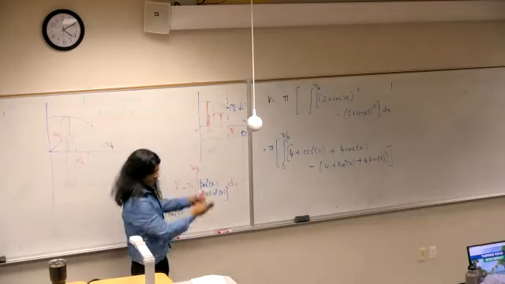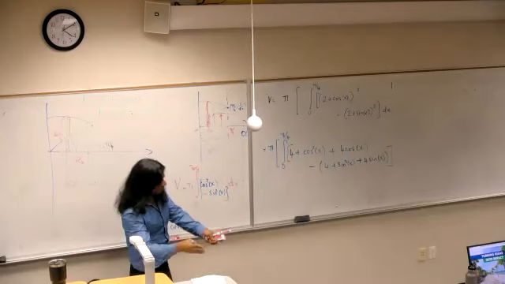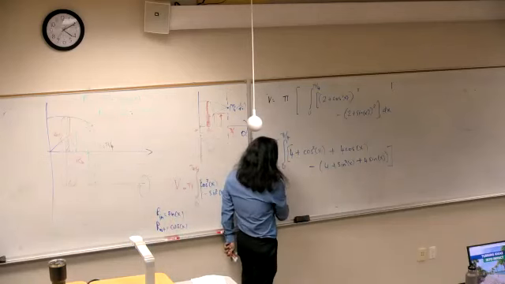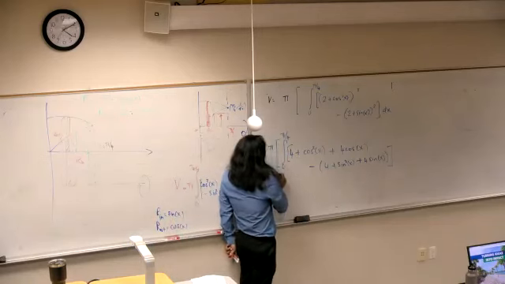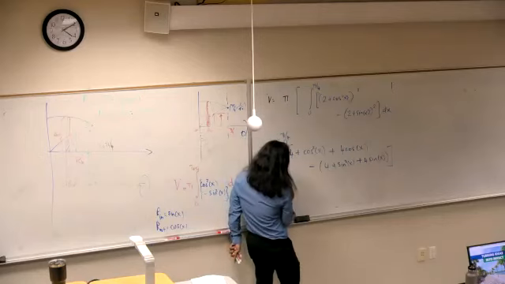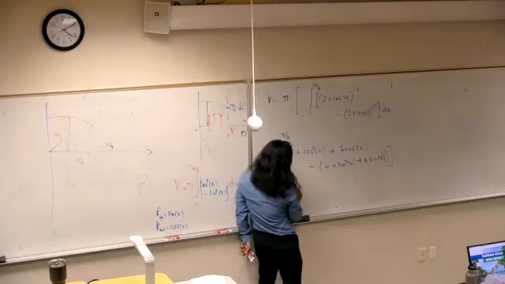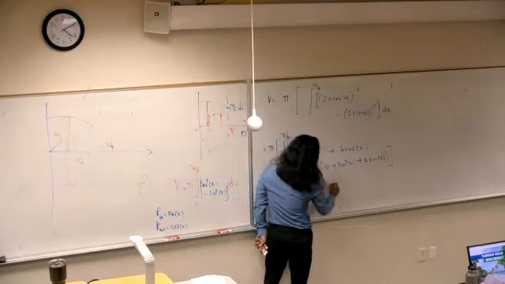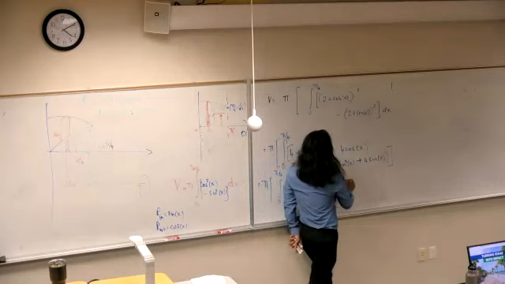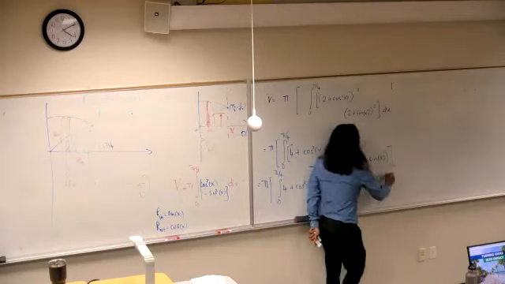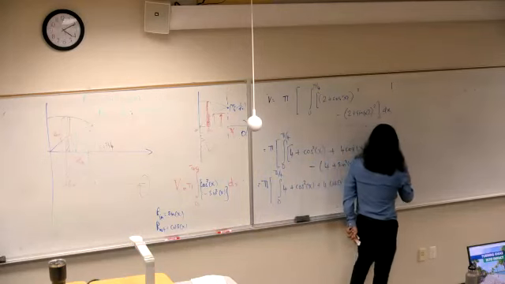Let's go ahead and distribute the negative sign: 4 plus cosine squared x plus 4 cosine x minus 4 minus sine squared x minus 4 sine x.